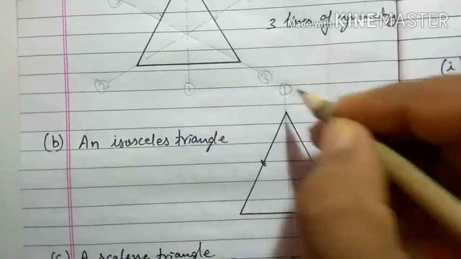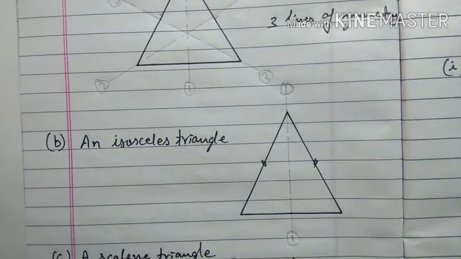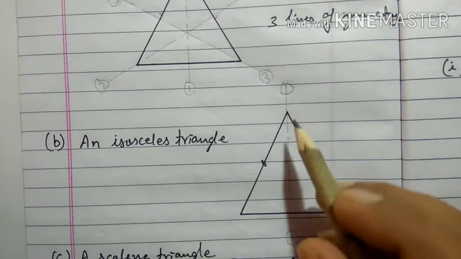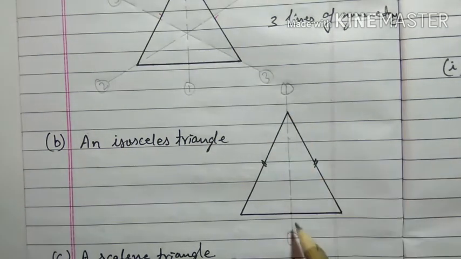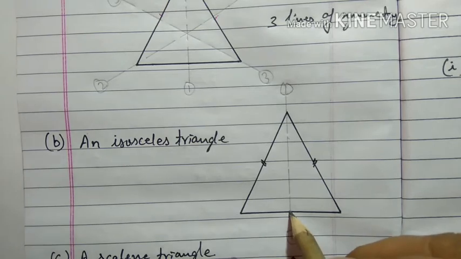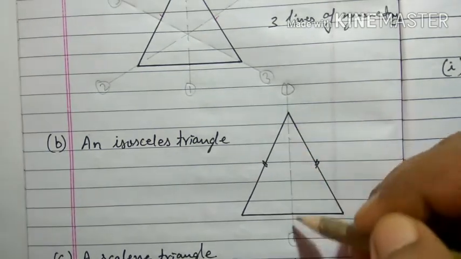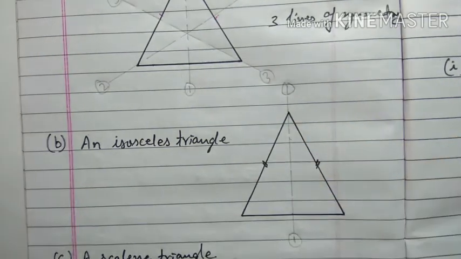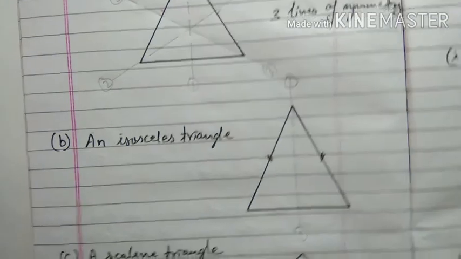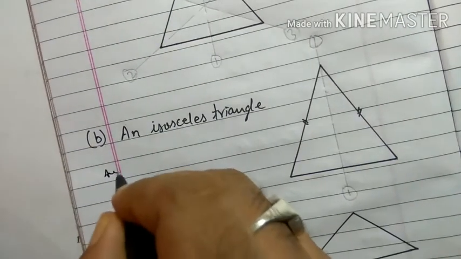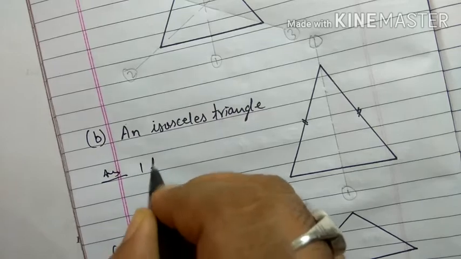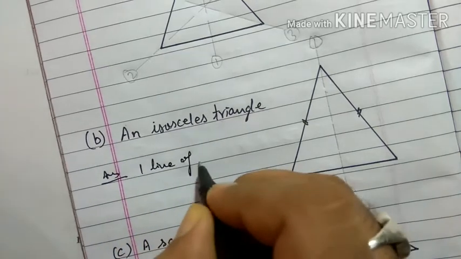So this line of symmetry just passes through the midpoint of the base. So ultimately this is a median also. So we have to write only one line of symmetry in the answer.